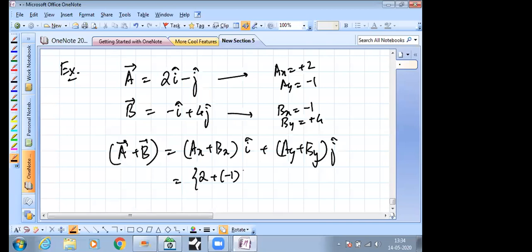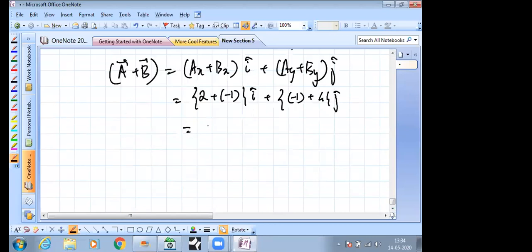So this is what we have to multiply with i cap. And similarly over here, Ay will be minus 1 and By will be 4. So in this case, this actually becomes i cap plus 3 j cap. So in a hurry, while doing questions, don't forget the minus sign over here, because then you will get the wrong answer.